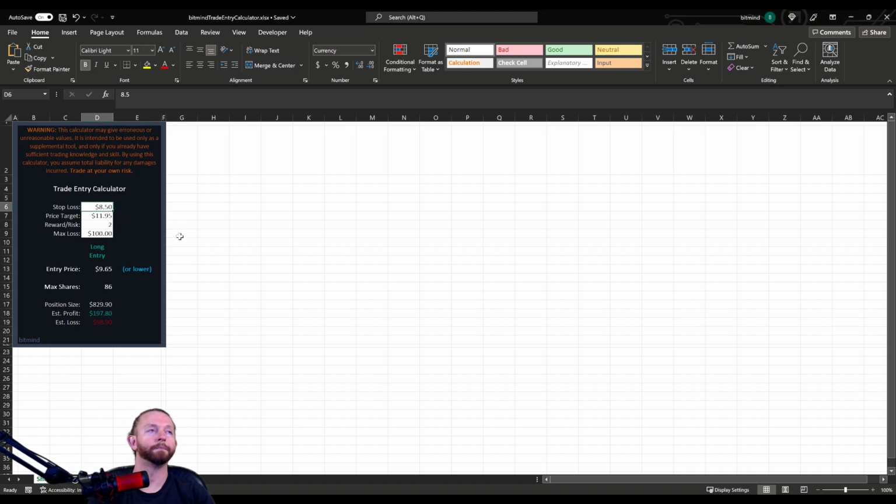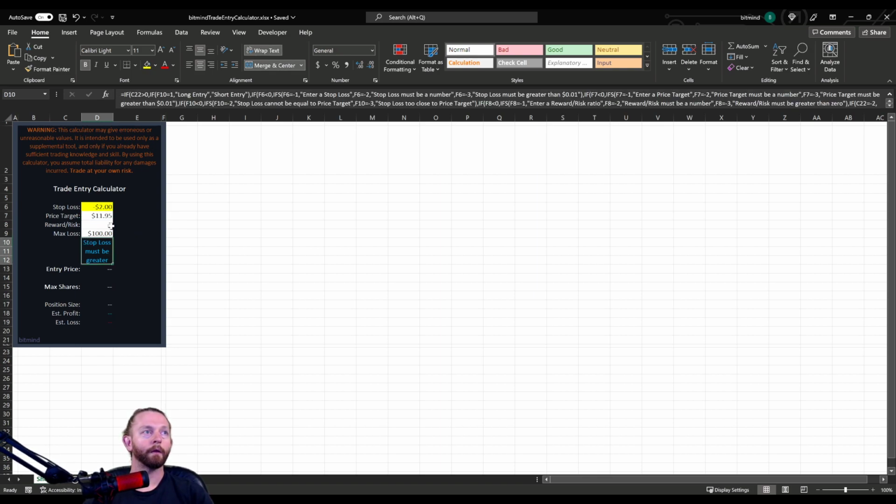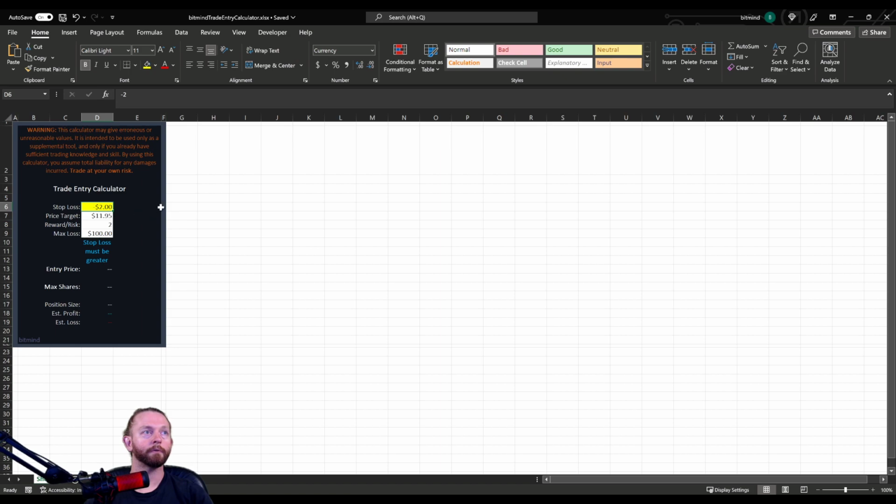So let's just say, for instance, if I type in a negative number, put -2, it's going to give me an error. I did that with some clever data validation. So over here, hidden in this margin, is actually another function that tells me if this number is blank, I want it to display a certain value, and if it's another value, then I want it to display a different value.